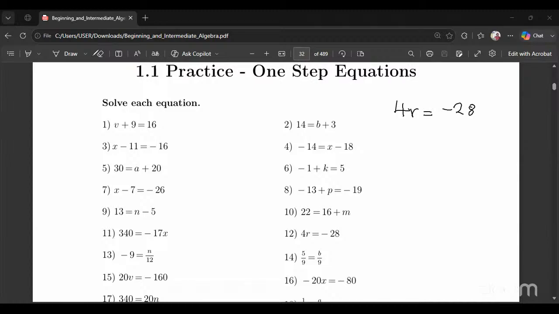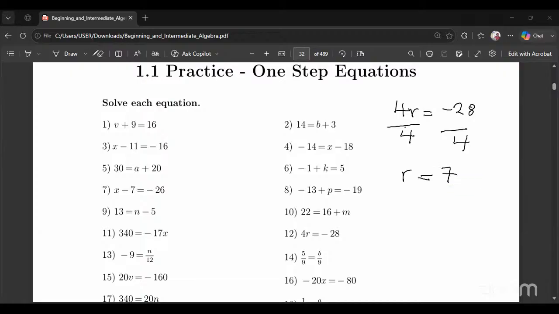To do that, I'll just divide through by 4. Dividing through by 4 gives me 4 divided by 4, which is 1, so we just have r is equal to negative 28 divided by 7. So this is pretty straightforward.